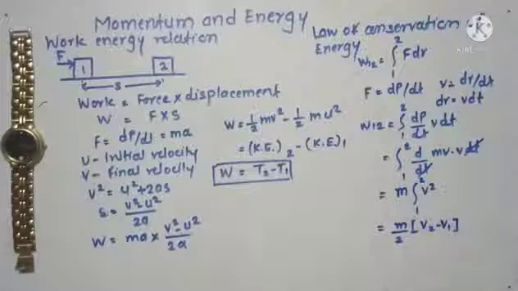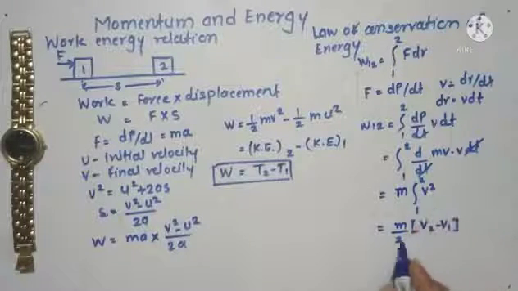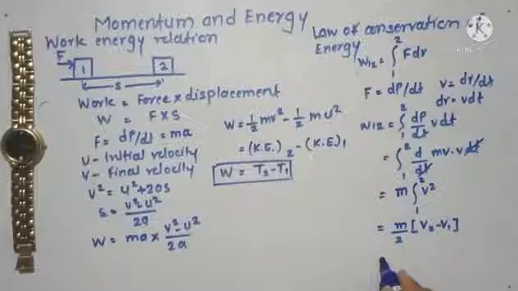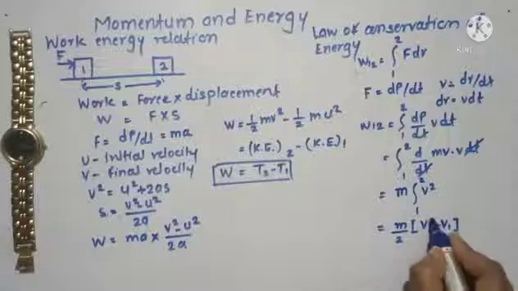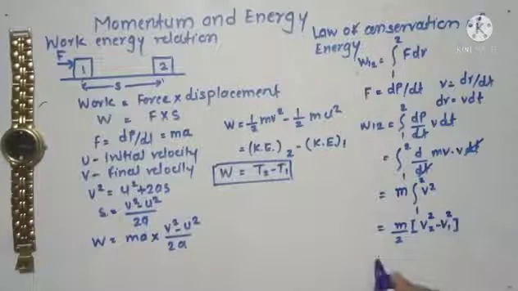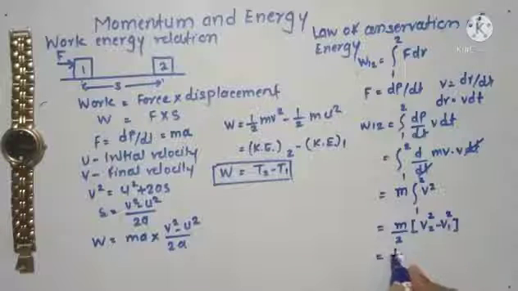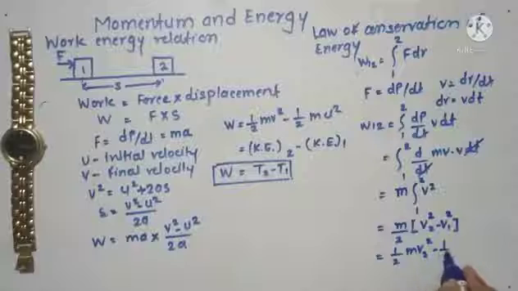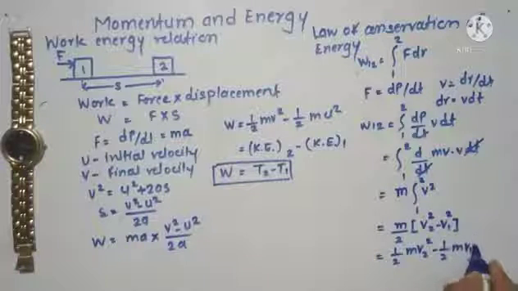When we solve this, we are going to get m by 2 into v2 square minus v1 square. So I am going to get 1/2 m v2 square minus 1/2 m v1 square.